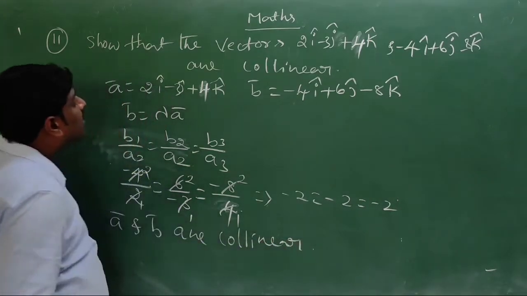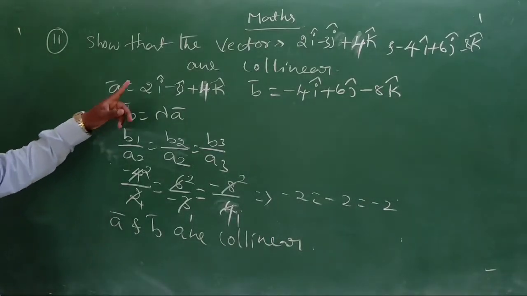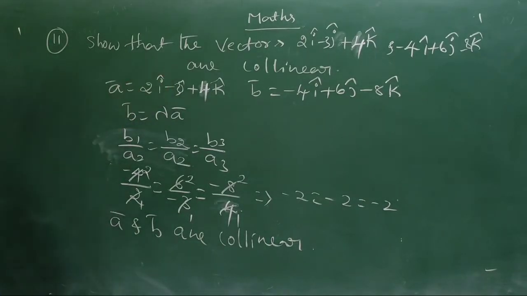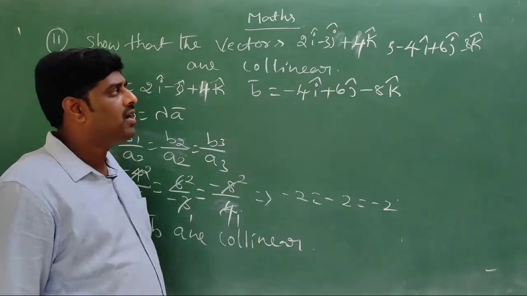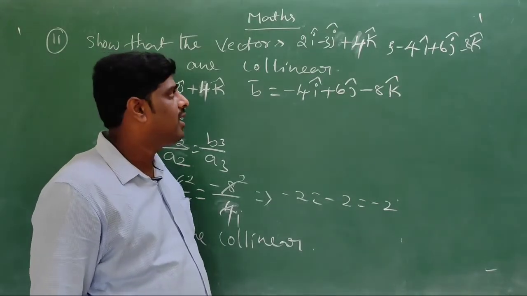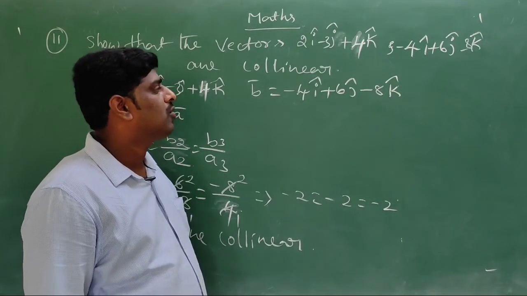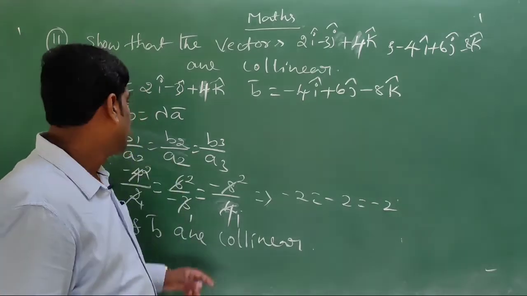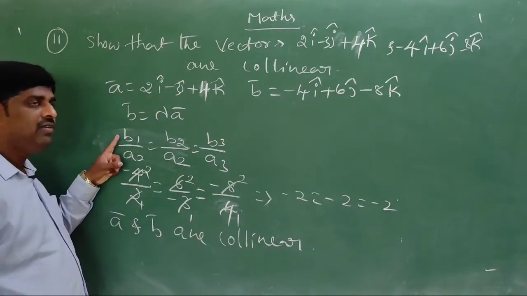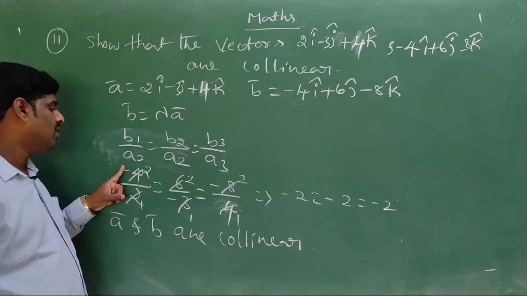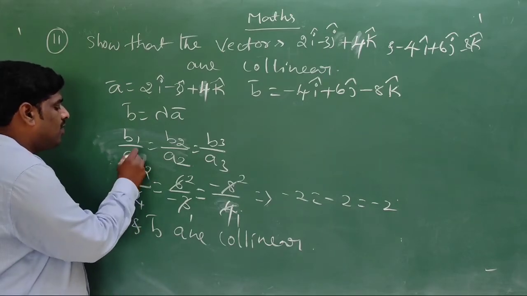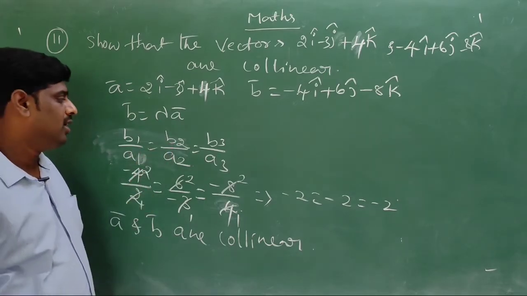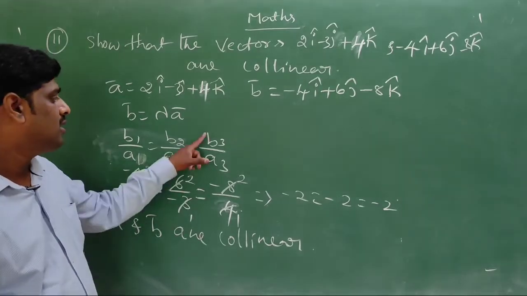Show that the vectors 2i minus 3j plus 4k and minus 4i plus 6j minus 8k are collinear. What is the collinear condition? B1 divided by A1, B2 divided by A2, B3 divided by A3.